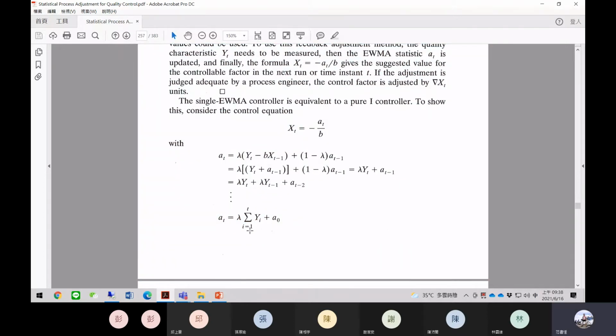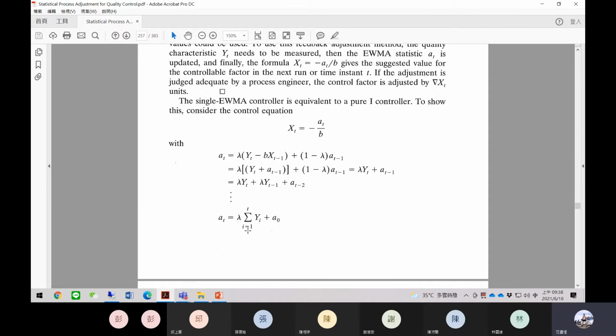No, this should be t. Should be t minus i. So this is a mistake. Lambda summation i equal to 1. No, let me see that.